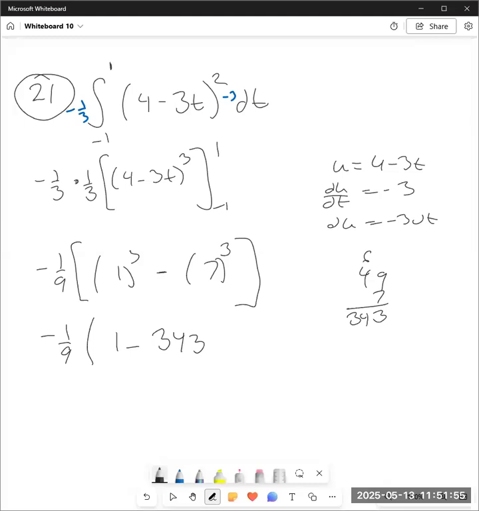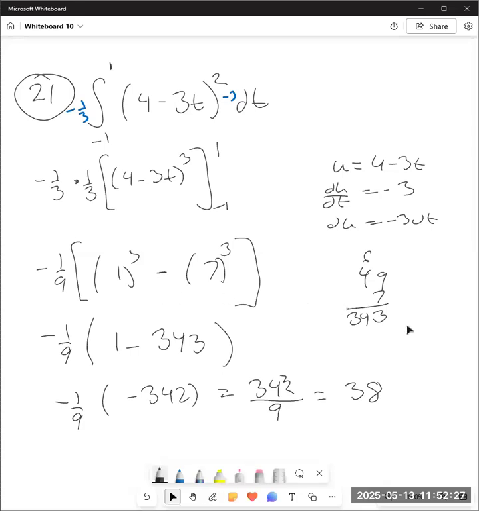So we have -1/9 times -342. 342 over 9, and that's divisible by 9. So we have 3 is 27, the remainder of 7, that comes out to be 38. Right? So that's several more problems to look at here.